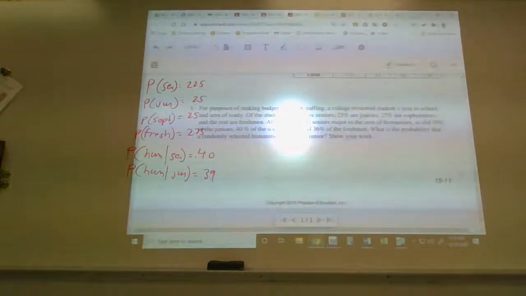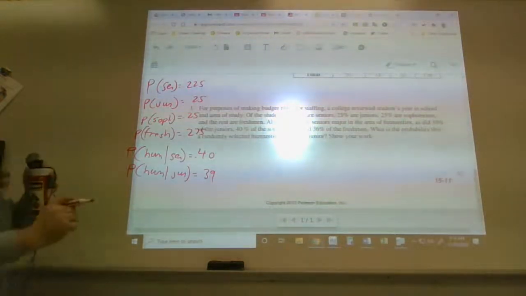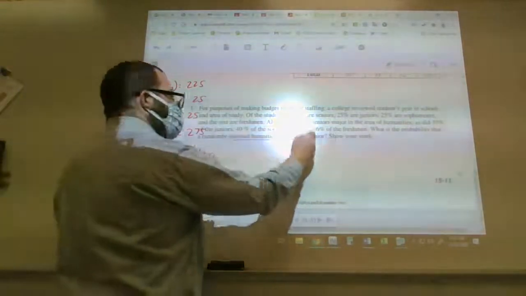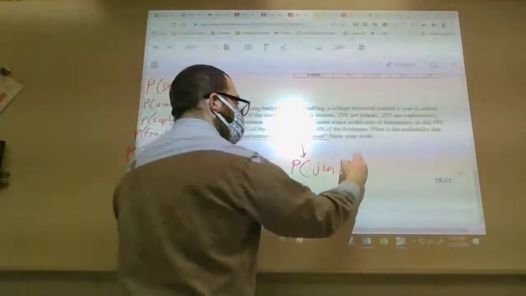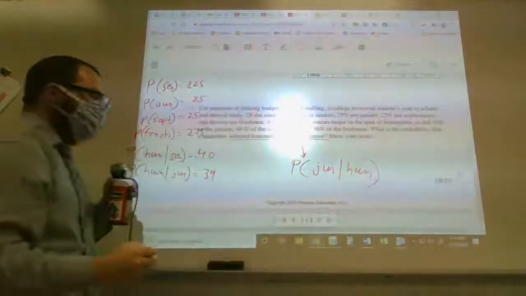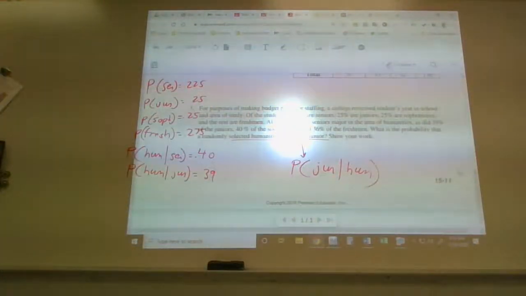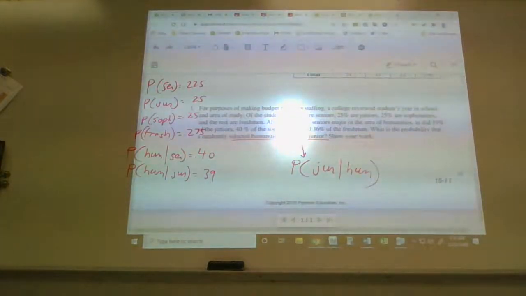Here's the issue. The question that they're actually asking, what is the probability that a randomly selected humanities major is a junior, is actually the reverse of that given statement.